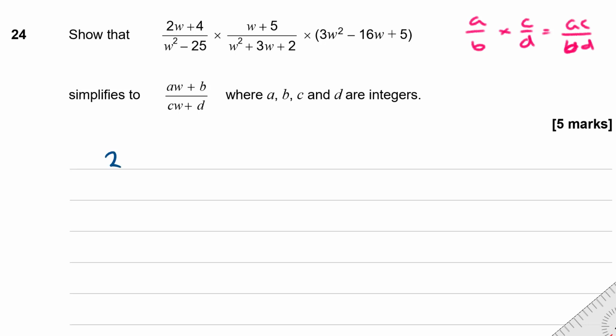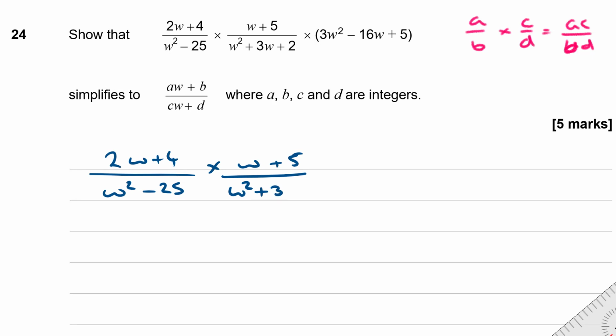Okay, so let's start with (2w + 4)/(w² − 25) times (w + 5)/(w² + 3w + 2), and that's going to equal something all over 1 divisor.